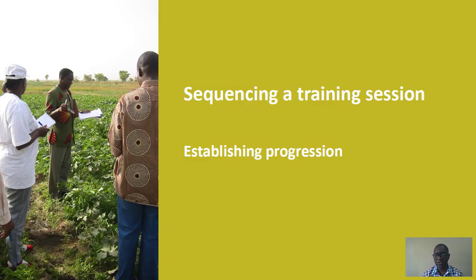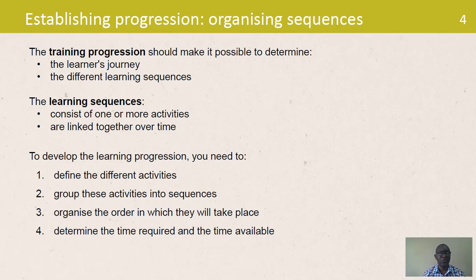Establishing progression. Training progression is the organization of learning objectives and activities that the trainer will choose to facilitate the acquisition of new skills, new behaviors that will be useful to participants in their professional life. The training progression must make it possible to determine the learner's path, specifying the different learning sequences.